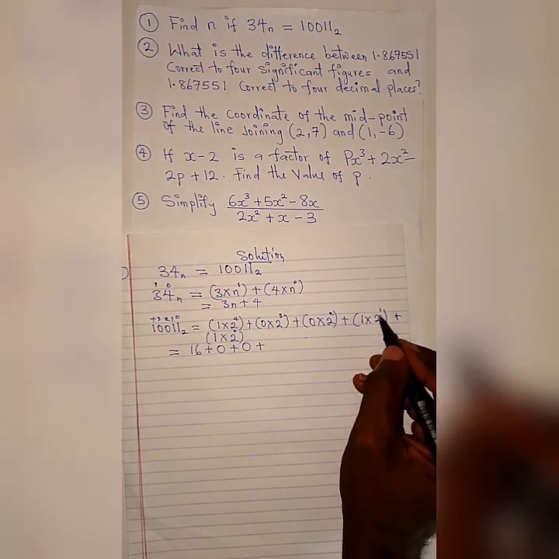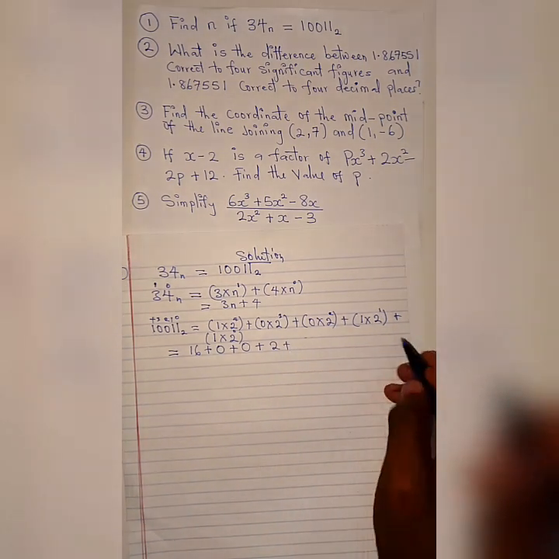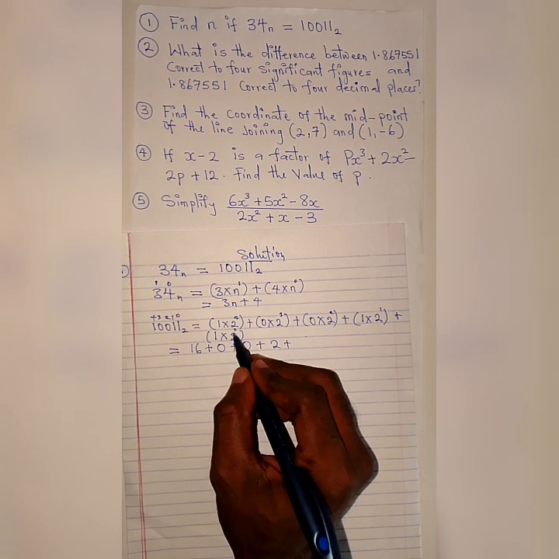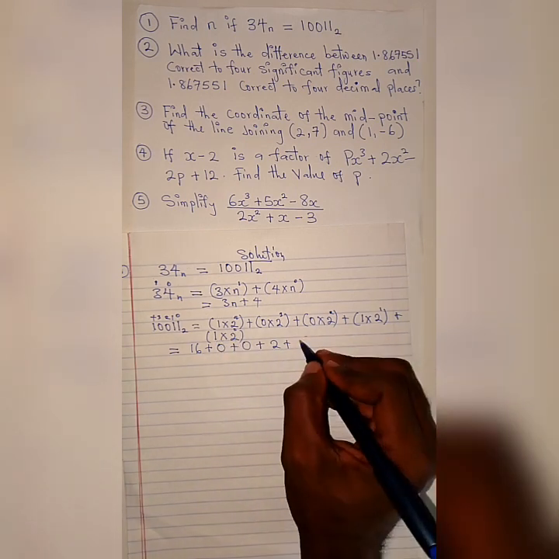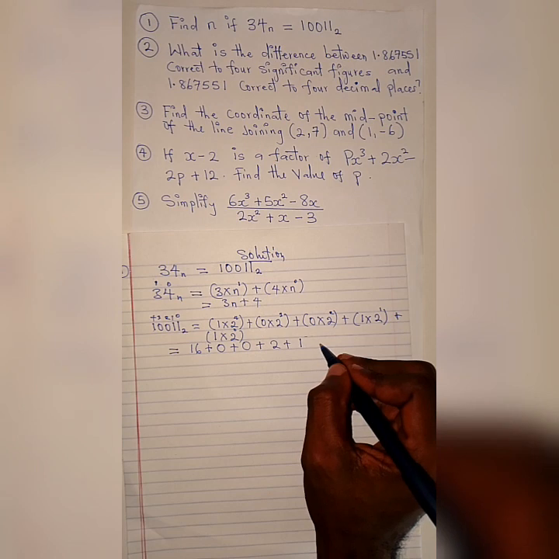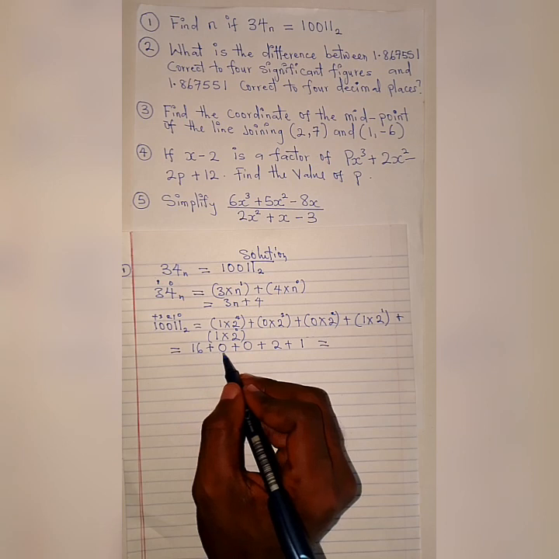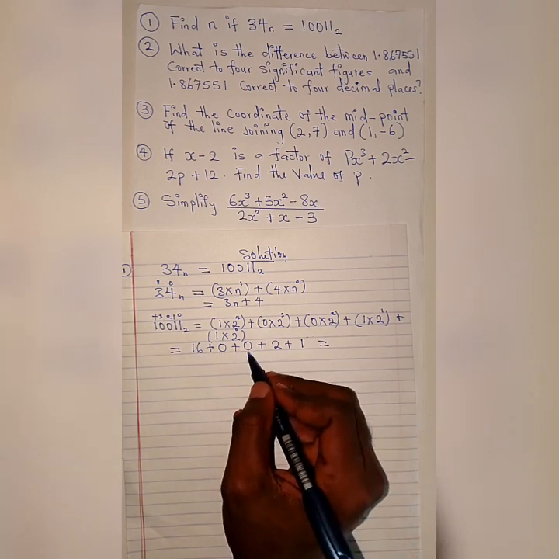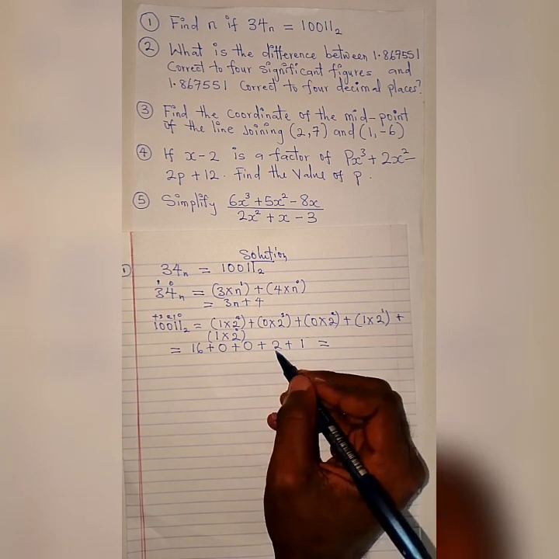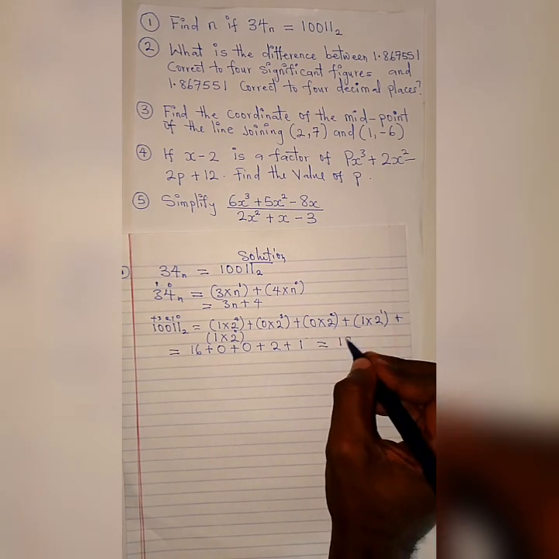Plus, 2 raised to power 1 is 2, so 2 times 1 is 2. Plus, anything raised to power 0 is 1, so 1 times 1 gives us 1. Let's sum up: 16 plus 0 is 16, plus 0 is 16, plus 2 is 18, plus 1 is 19.